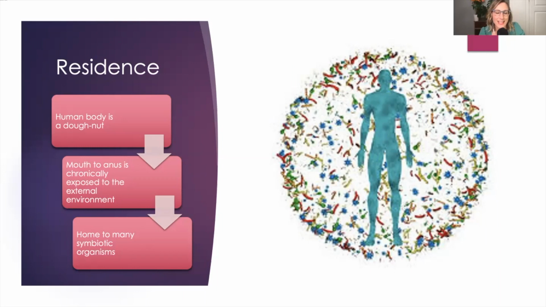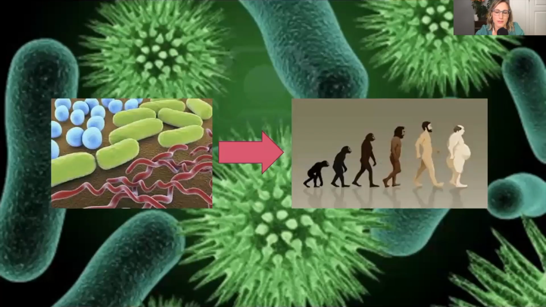Everything that we eat, everything we breathe, everything we drink is really the external environment coming into contact with our environment. And so I think about the gut more like the skin, functionally, than I do, say, a heart or something like that. And it's home to many, many symbiotic organisms.